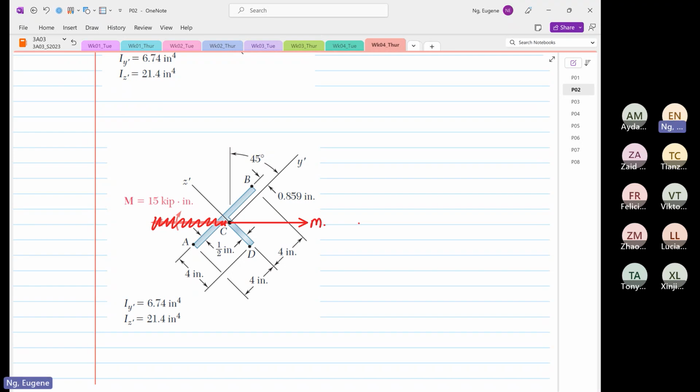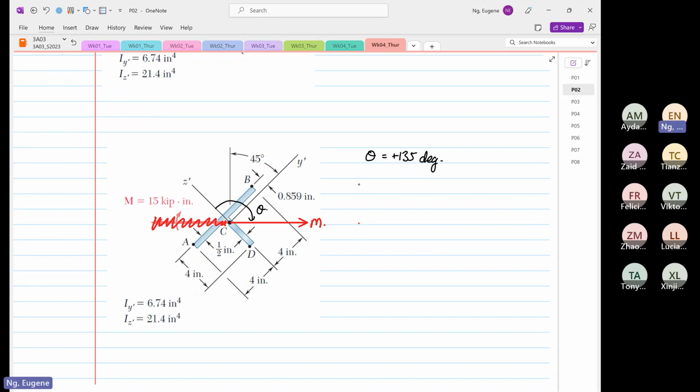So now what we have over here, right? So again, our theta now changes. So this is our theta now. So theta now becomes positive because it's going clockwise, positive 135 degrees.